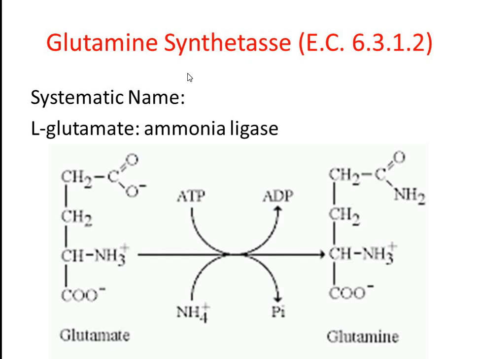So remember this difference between the lyases and ligases. This glutamine synthetase is involved in the synthesis of glutamine by breakdown of ATP and the transfer of amino group to glutamate.